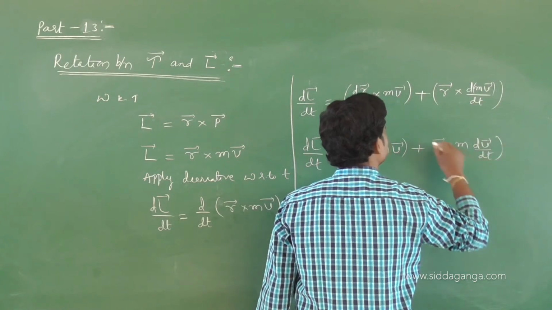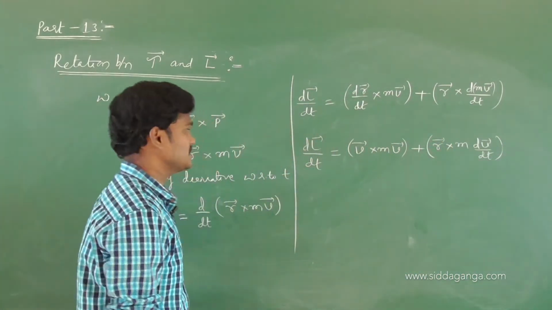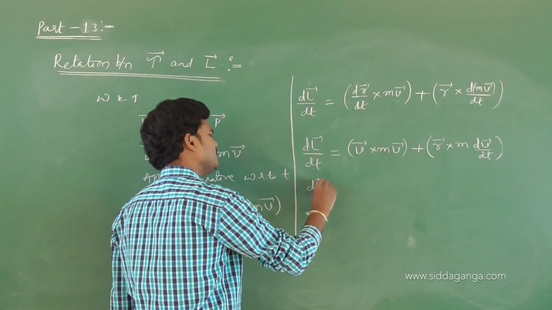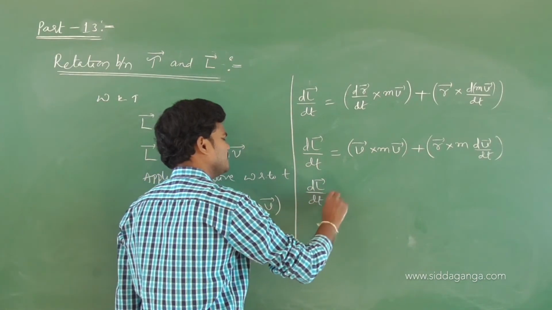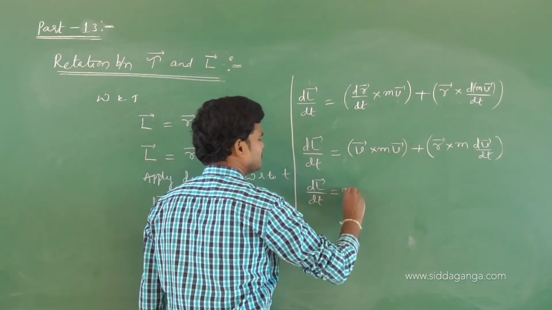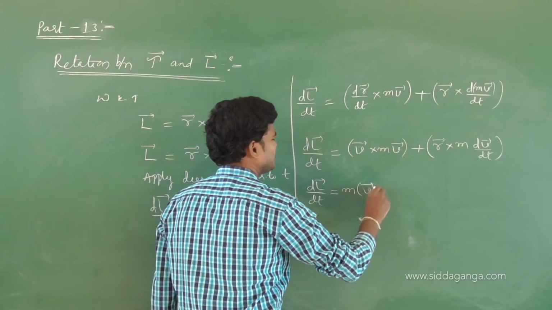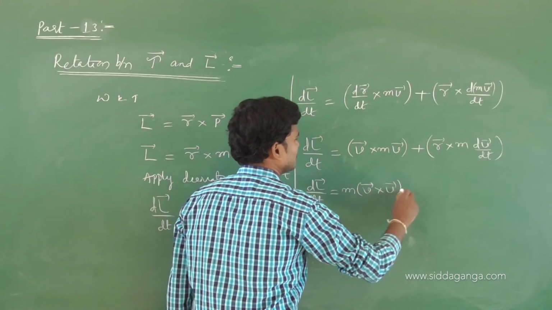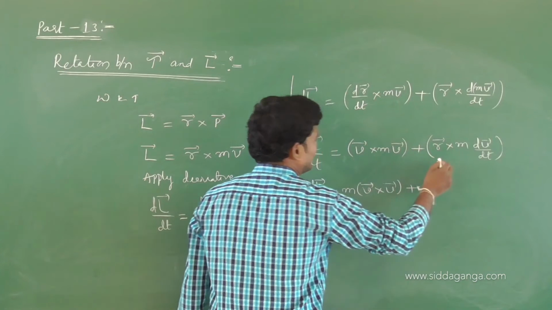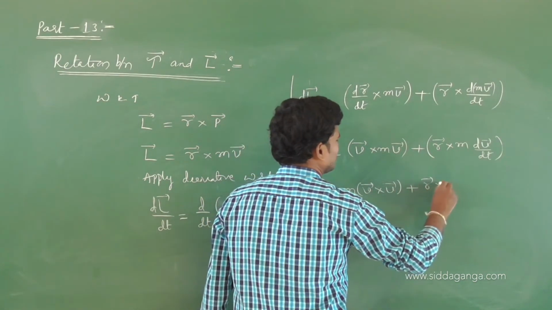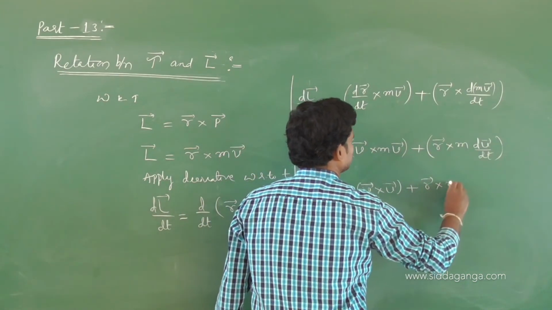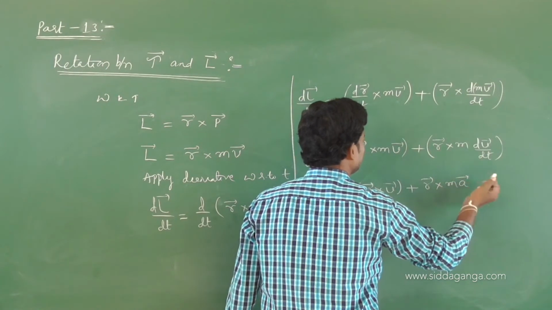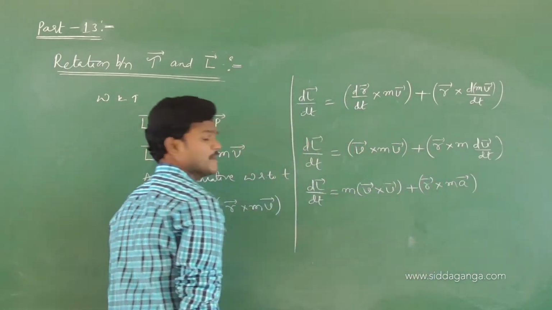Mass is a constant. So dL bar by dt is equivalent to, you write m outside, v bar cross v bar, plus here r bar cross m into, what is this? a bar. dv by dt is a bar.